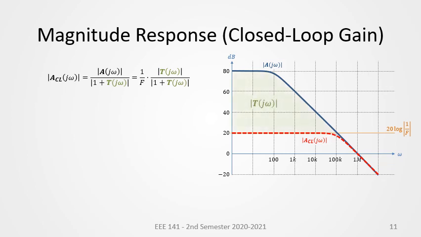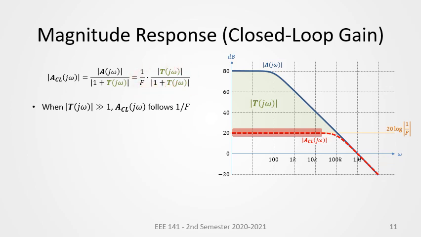Now let's focus first on the left portion of the plot, where the loop gain, as highlighted in green, is still positive or greater than 0 dB. So note, for the loop gain, the 0 dB is the 1 over f line. When the magnitude of T of j omega is much greater than 1, or 0 dB, then ACL, or the red one, simply follows the orange line, which is the 1 over f line, which is consistent if we inspect this equation.